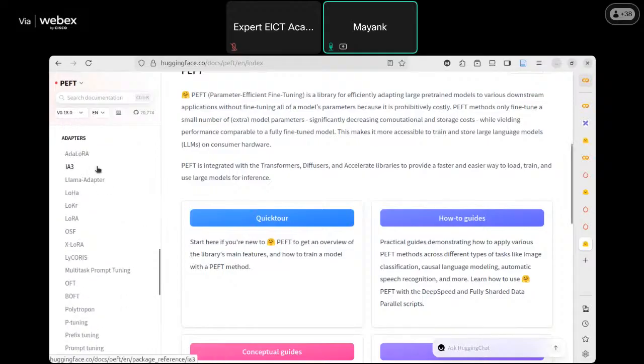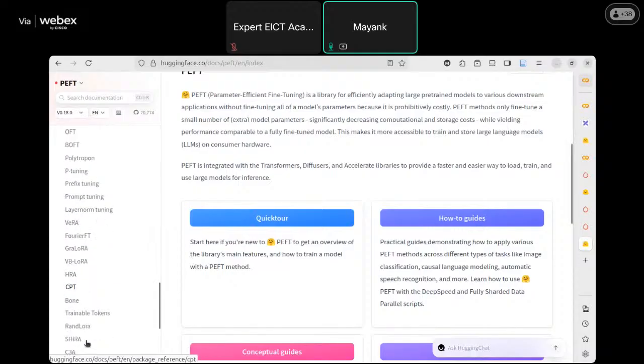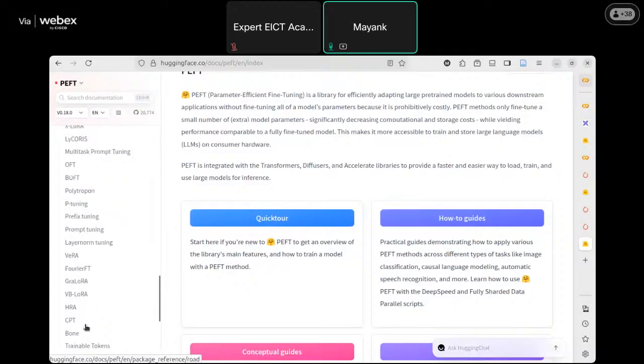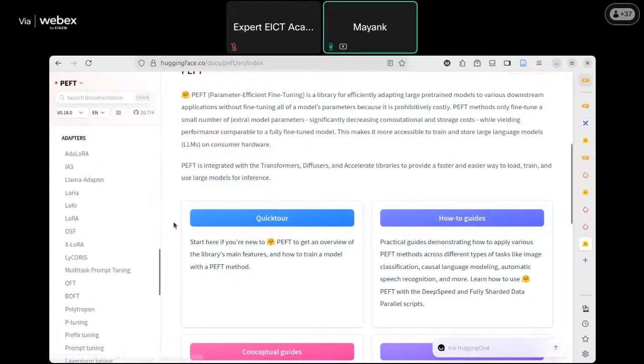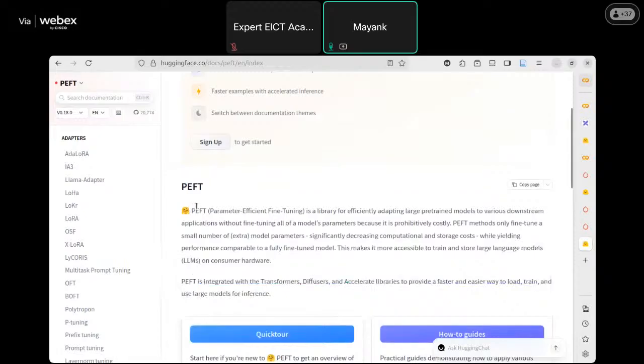Look at the kinds of adapters on the left. There are so many adapters available. What we are looking at right now is the low rank adapter, LoRA, but there are so many other adapters available. You should go and take a look at this page. This is the Hugging Face PEFT documentation.